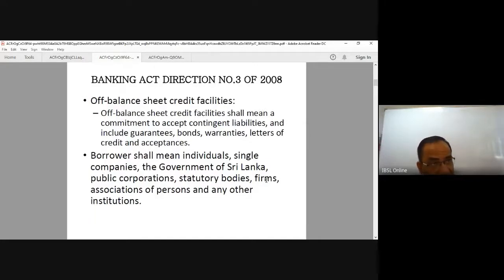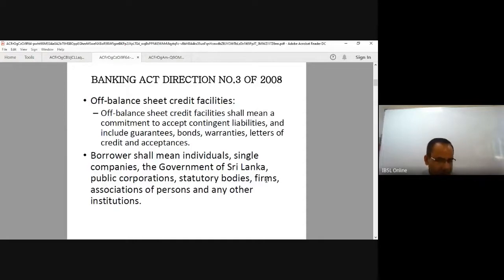Now we also will look at whether this has the effect of a guarantee. If it has the effect of a guarantee, we will say it has to be a guarantee, that normally it's an undertaking by the bank. Now, the moment you get the contract, you need to have the facilities with you. So it's kind of a guarantee that you are giving. If there is anything in the financial terms which makes the bank liable down the line, we will make it a guarantee facility, make it a contingent liability.